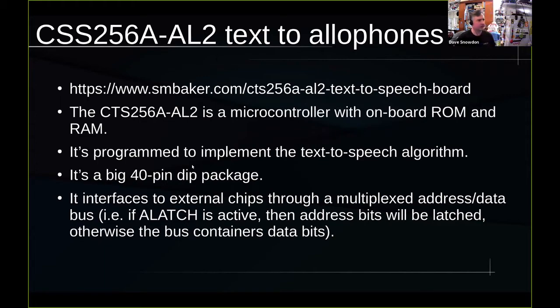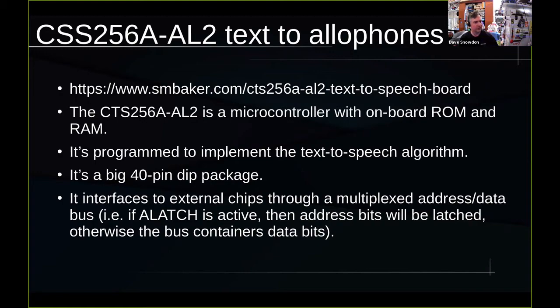There was another chip called the CSS256AL2, and that actually implemented this text-to-speech algorithm. So it was a companion chip, I guess, to the SPO chip, and you would use them together: you would feed ASCII text into this chip, and it would spit out allophones and then feed them to the SPO chip. Now, I've not done anything with this, but Scott Baker has, as he seems to have done almost everything with retro computing.